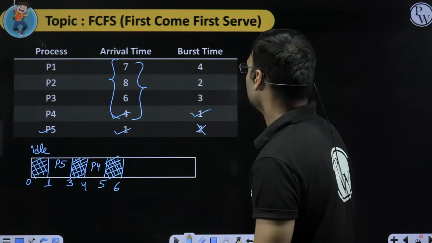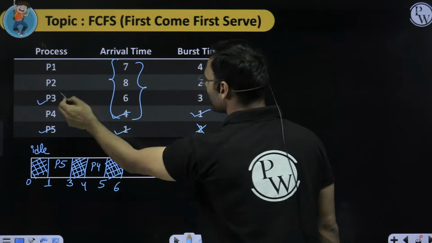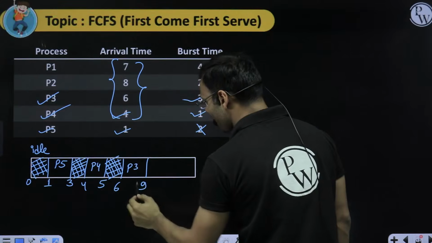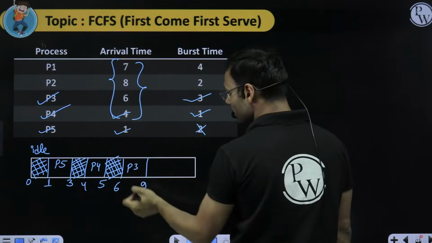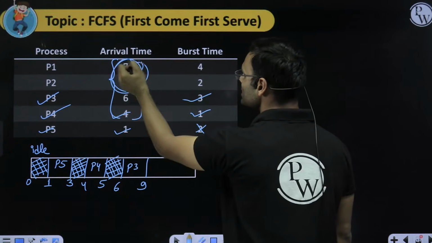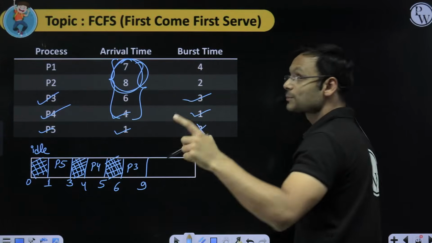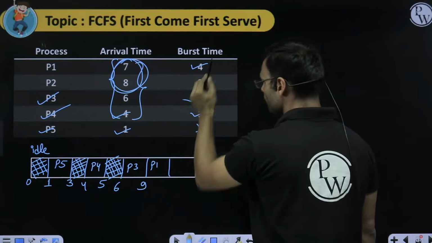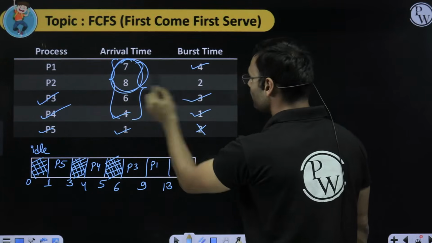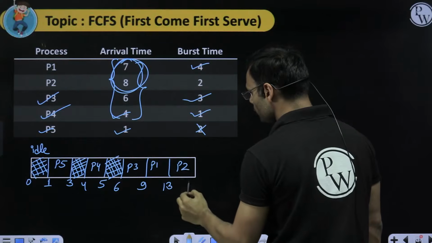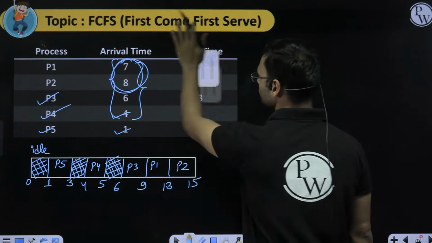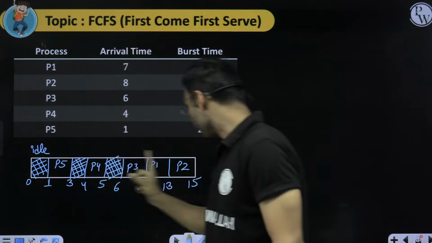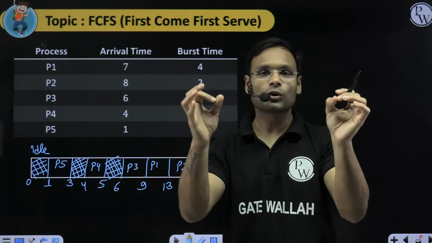And then next at 6, P3 arrives. 3 time duration. 9. Then next till 9, these two arrived, yes. So you can run them as per their arrival. First P1 arrives plus 4 and then P2 arrives plus 2, 15. Now look at this. Between 0 to 15, time duration total 15.